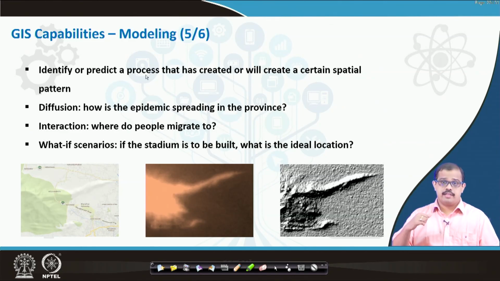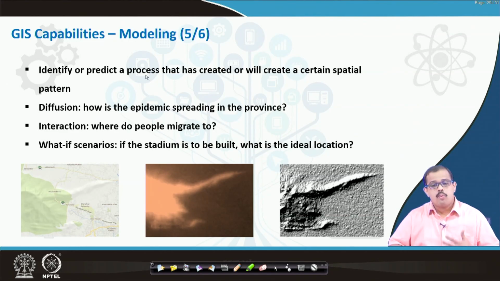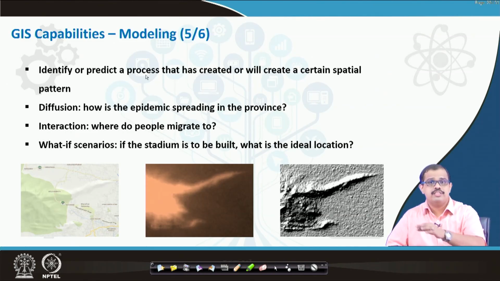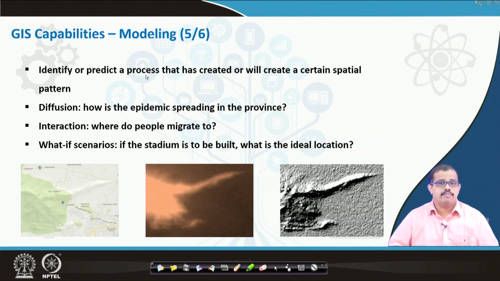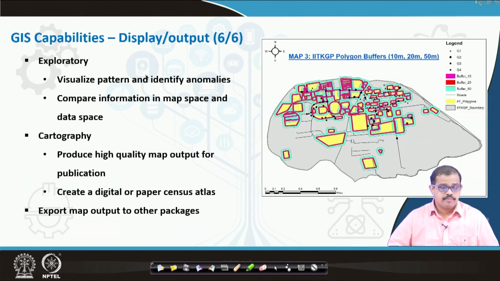If there is an epidemic that is spreading, which province it is spreading in, how it is spreading, what geographic locations it has been spreading into, and why. All such issues can be analyzed with just a collection of the geographic data, maybe in a day or two, in near real time. Such capabilities are very important for software like GIS.